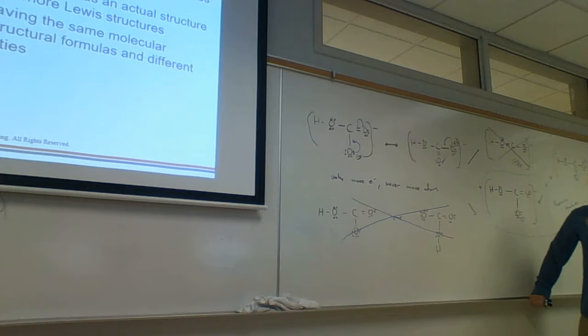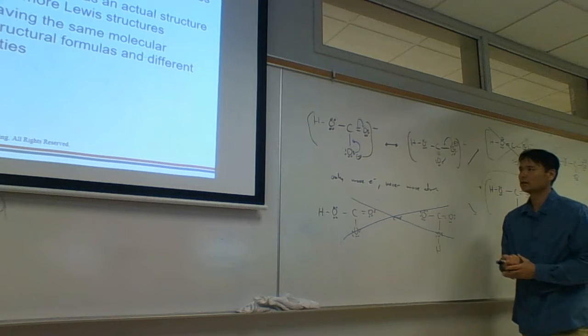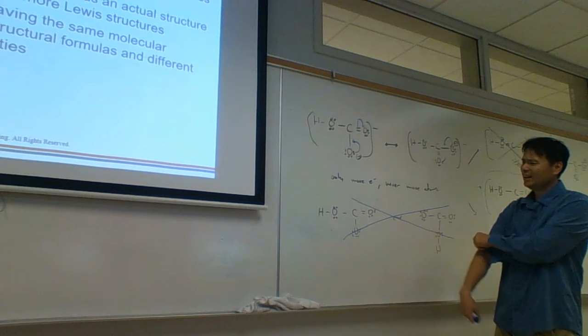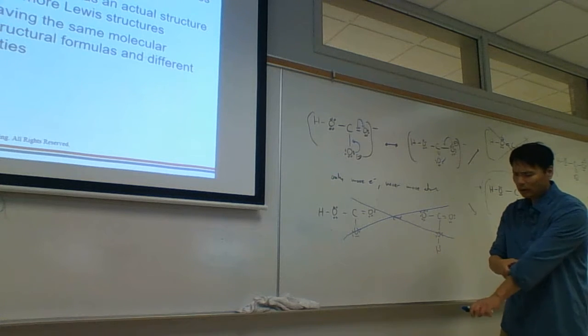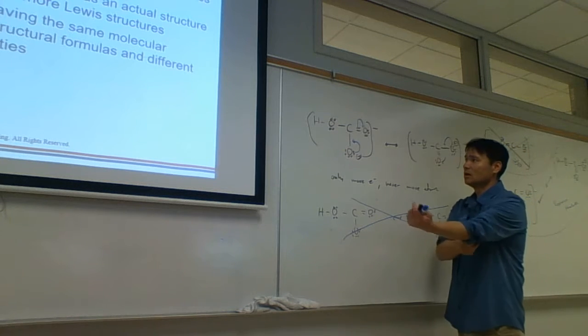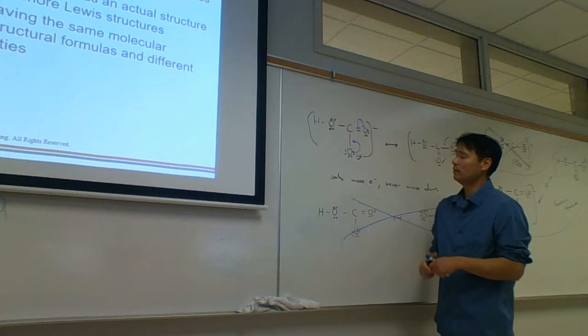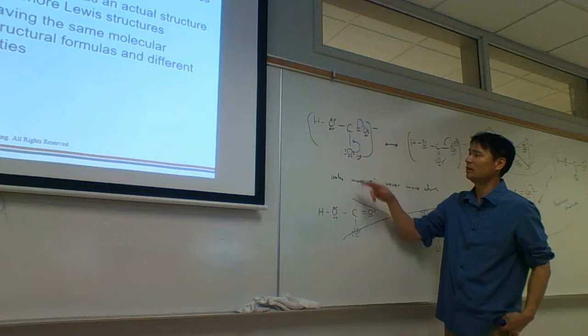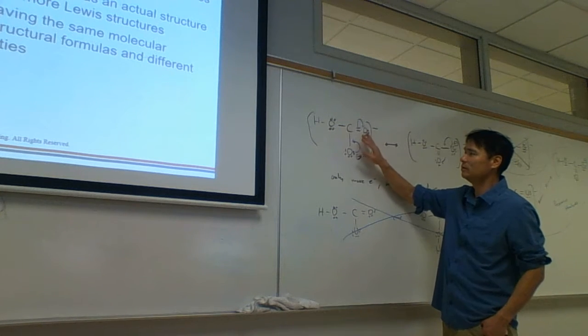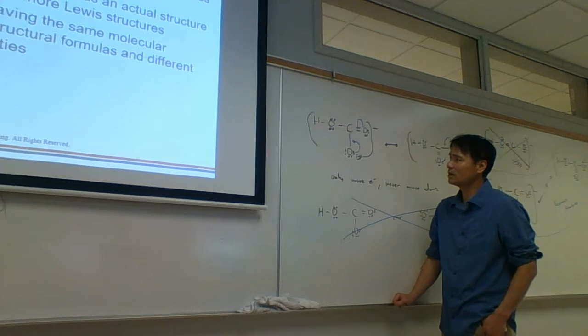Well, this repositioning of the electrons just happens. In other words, we have two terms that we use when we're describing electrons like this. One term is delocalization of electrons. What delocalization means is electrons can move a little bit, versus localization.